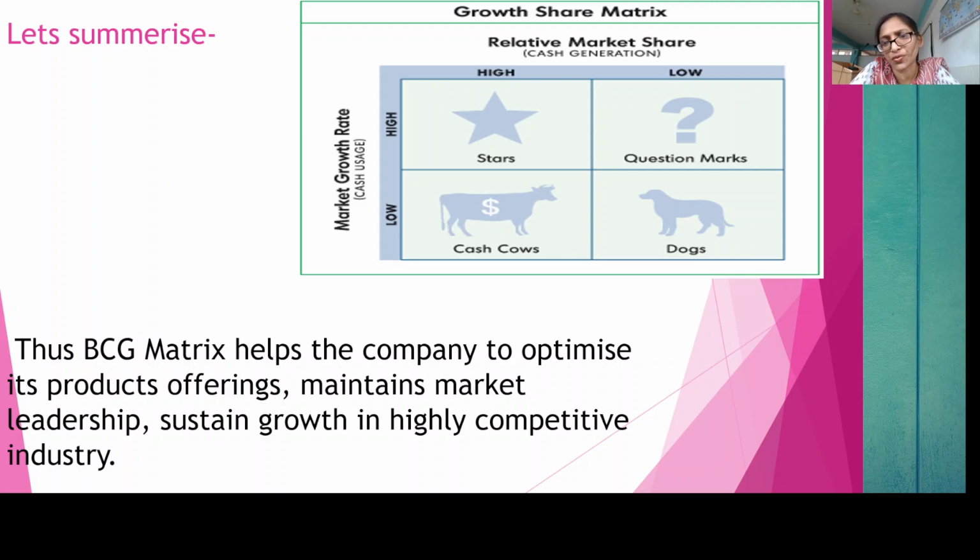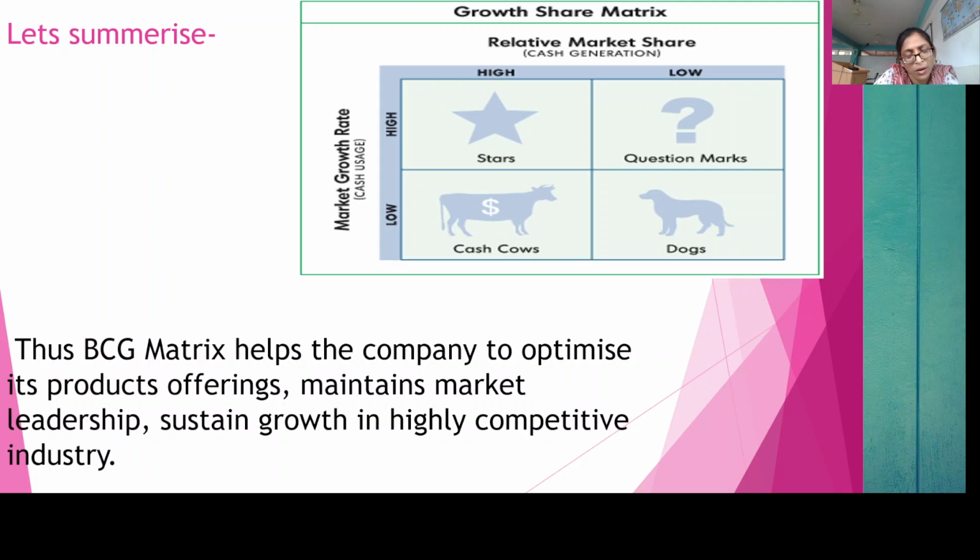But maximum cash generation is seen in cash cows, compared to dogs, which generate very little cash, sometimes negative.